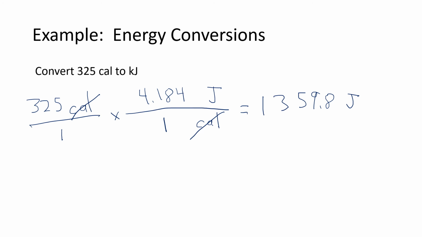If I wanted to report that in kilojoules, like we are asked to, there are 1,000 joules for every 1 kilojoule. So I need to divide this number by 1,000. Another way I could do that is move the decimal 3 times. So that could also be written as 1.3598 kilojoules.